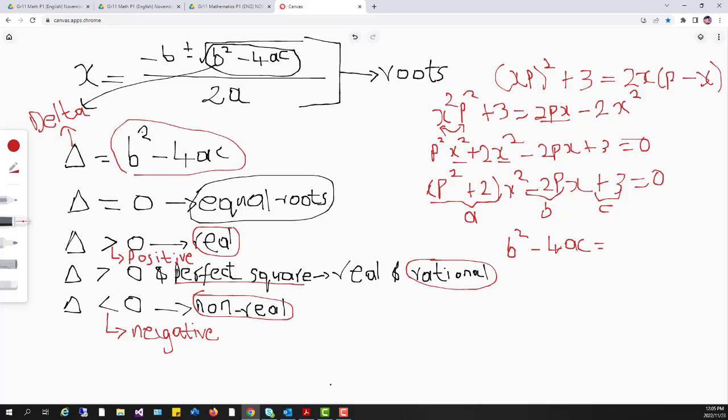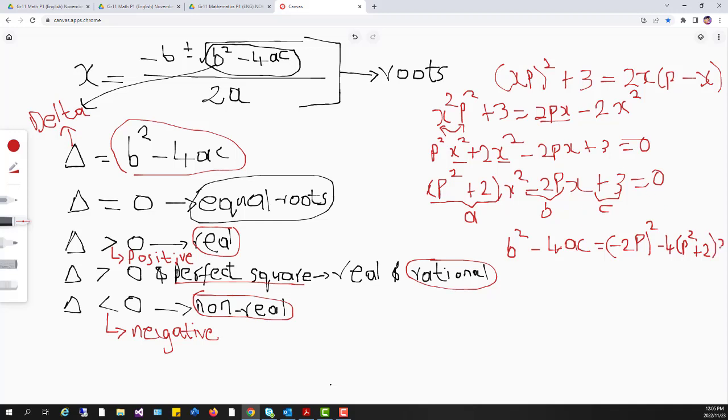Our b is minus 2p, so we have minus 2p squared. We are substituting minus 4. Our a is p squared plus 2, and our c is 3.